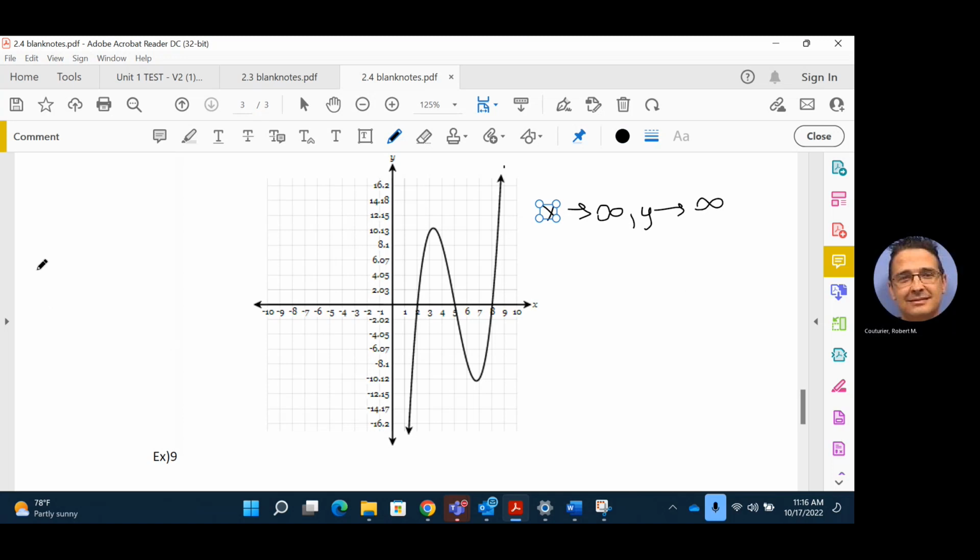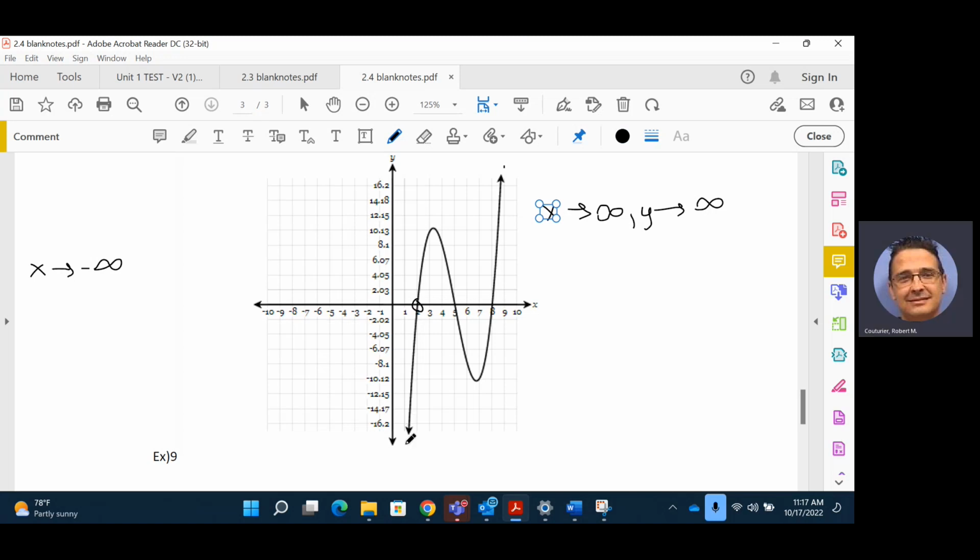On this side, as our x's are starting to get smaller, or as they go towards negative infinity, because that's this direction, look right here. 2, 0. Then we jump over 1, getting smaller.